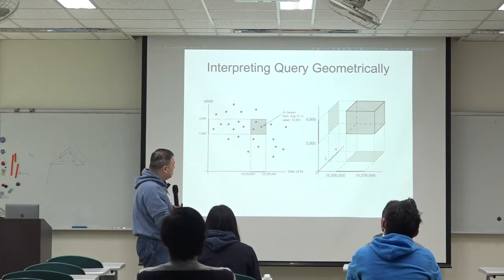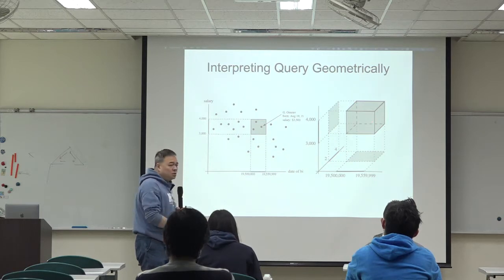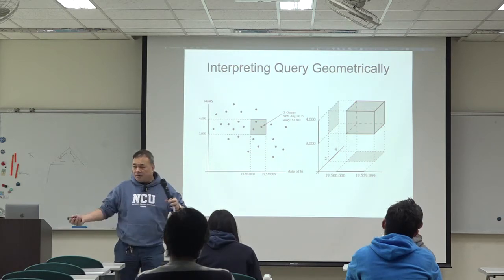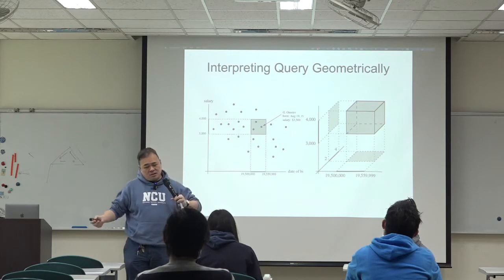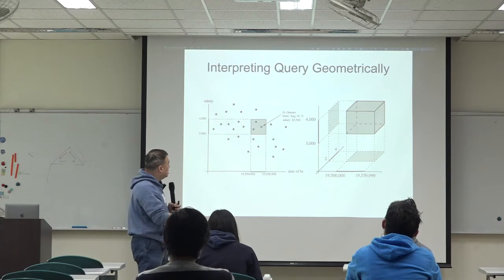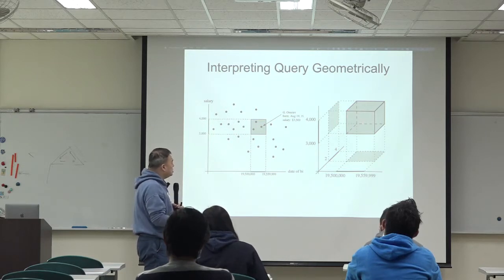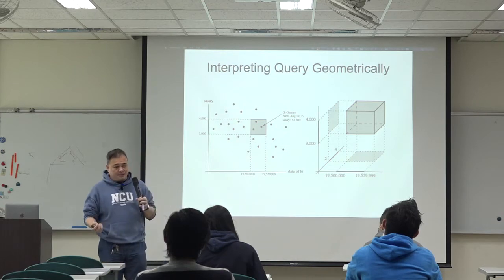The x-axis may be the birthday, the y-axis becomes monthly salary, and the z-axis may be the number of years you have worked for this company, the duration you have been working for this company. And all employees will be represented as points in this 3-dimensional space, right?